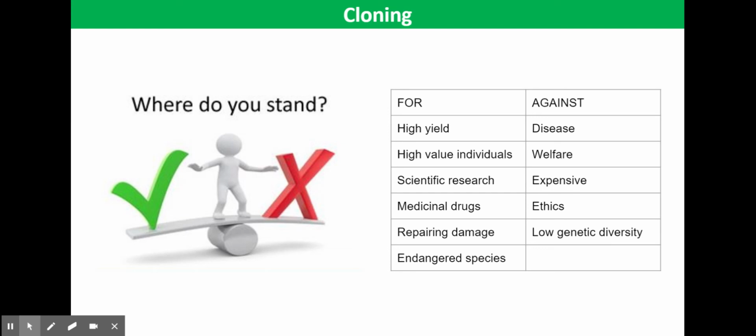The success rate of adult cell cloning is very poor, and the method is a lot more expensive than conventional breeding. And cloned animals may be less healthy and have shorter lifespans. There are ethical considerations regarding how long the embryo survives and whether it is right to create life and simply then just destroy it. And it doesn't promote genetic diversity.